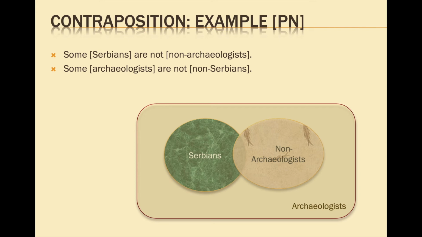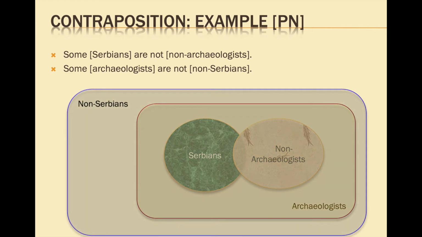And so we are saying, in effect here, some archaeologists are not non-Serbians because there are Serbians within the category of archaeologists. There's the non-Serbians. So some archaeologists are not non-Serbians because they're inside that green circle, which is also inside the square or rectangle of archaeologists. So some archaeologists are not non-Serbians.